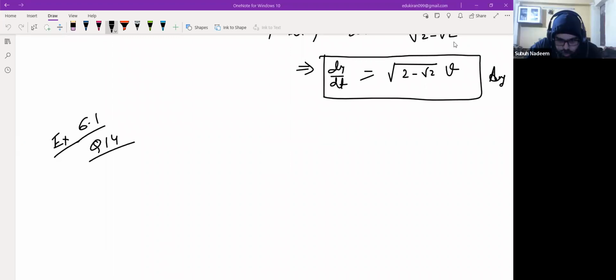Okay. So what it is saying: a spherical ball of salt is dissolving in water in such a manner that the rate of decrease of the volume at any instant is proportional to the surface area.